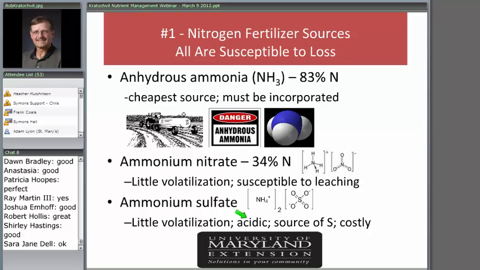However, the disadvantage is ammonium sulfate is acidic, so if you're using any large amounts of it as your fertilizer source, your nitrogen source, you do have to pay attention to the pH of your soil. It's a wonderful source of sulfur and can help manage any deficiencies you have in that regard. However, it is a more costly form of nitrogen generally than the other forms that we're used to using.